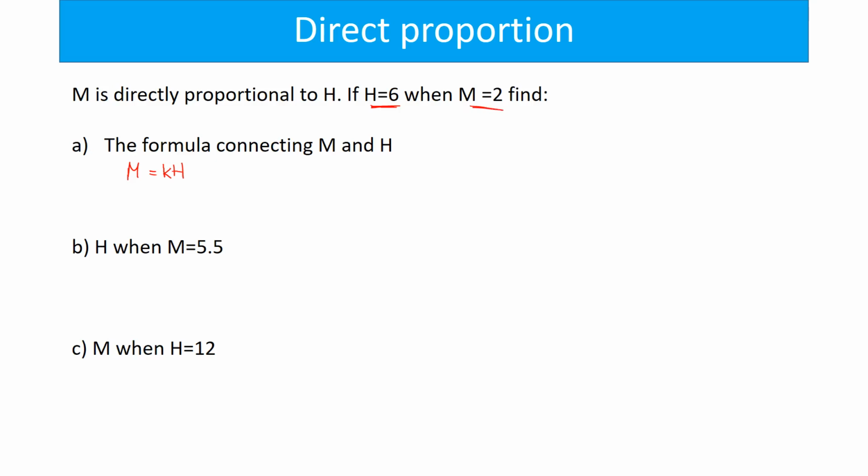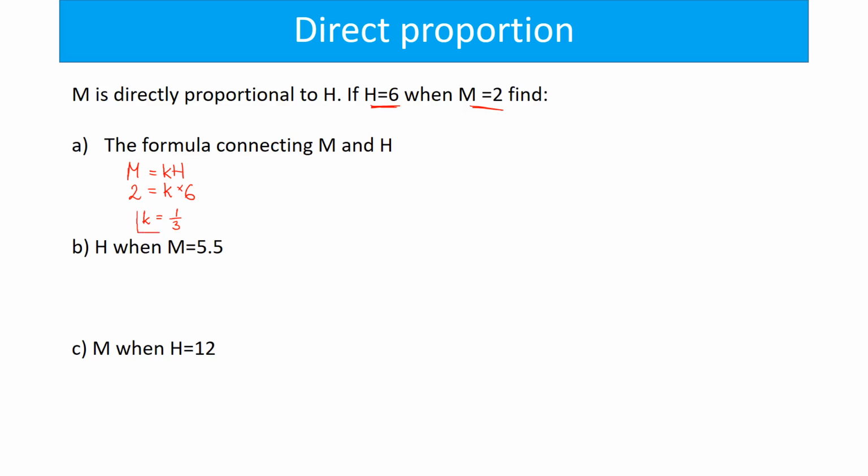So I'm going to substitute those values into my formula: m is 2, and h is 6. To find the value of k, I need to divide both sides by 6, so the value of k is 1/3.